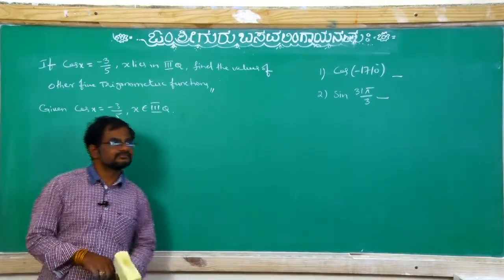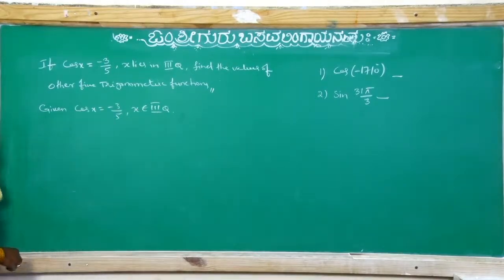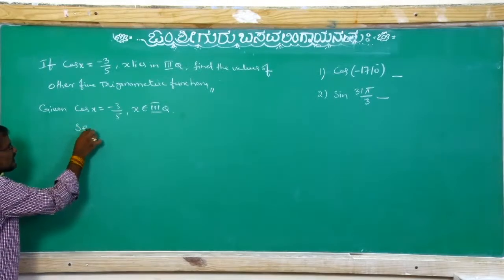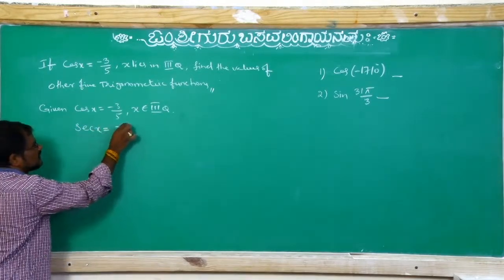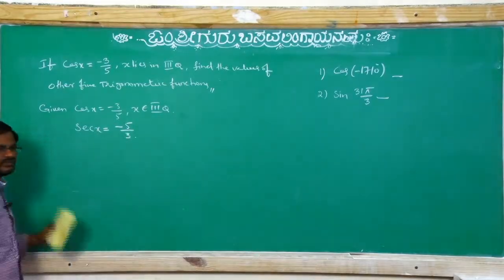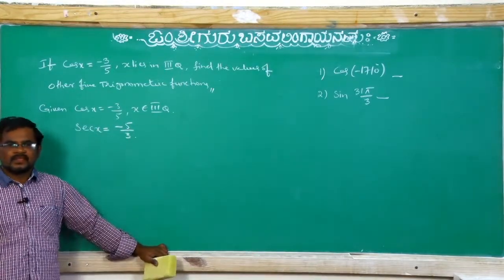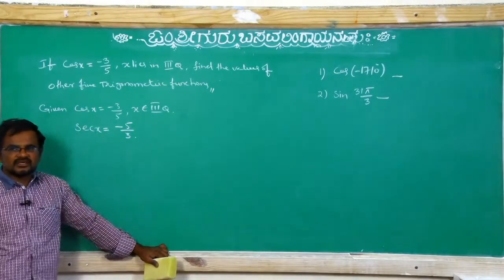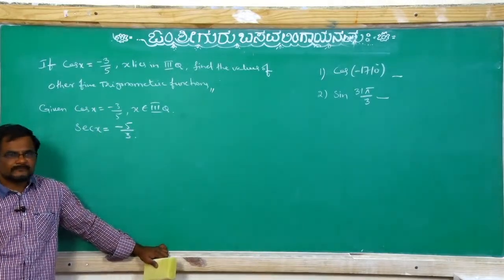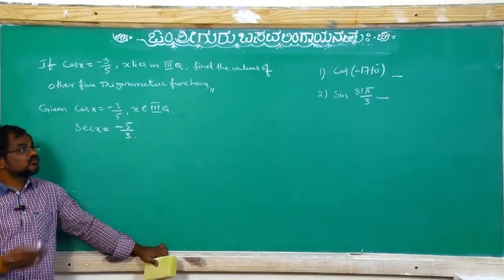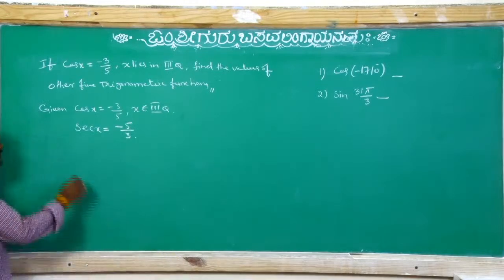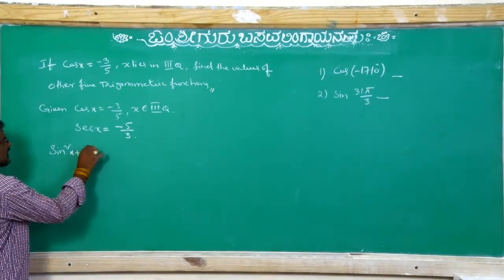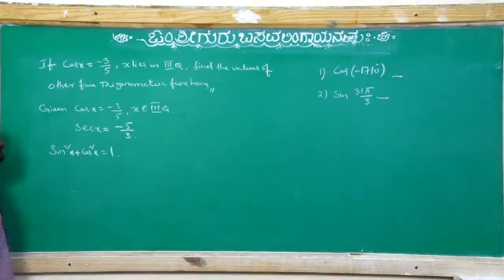Listen here. First one is, cos x is given, so directly you can find secant x, that is equal to what? Minus 5 by 3. Okay. Cos x is reciprocal of secant x, secant x is reciprocal of cos x. Both are reciprocal to each other. Right. Next 4 we have to find. For that we have the formula sin square x plus cos square x equal to 1.